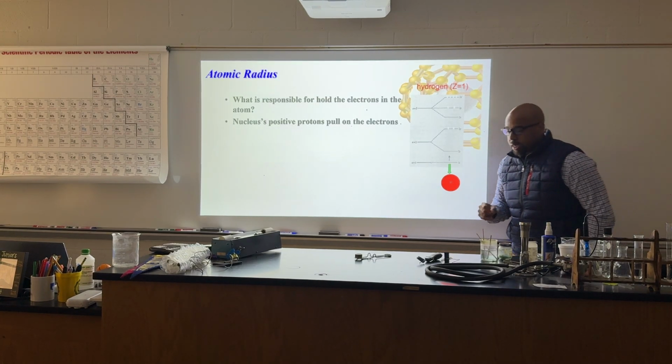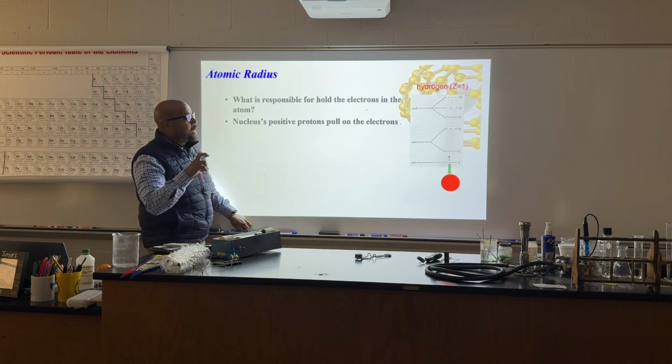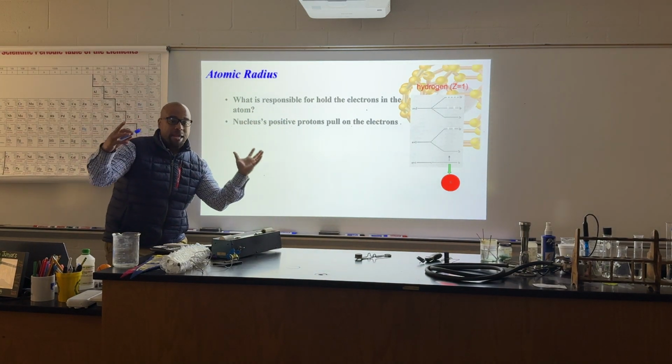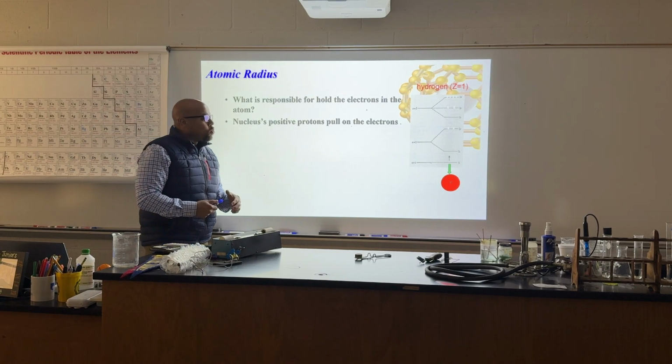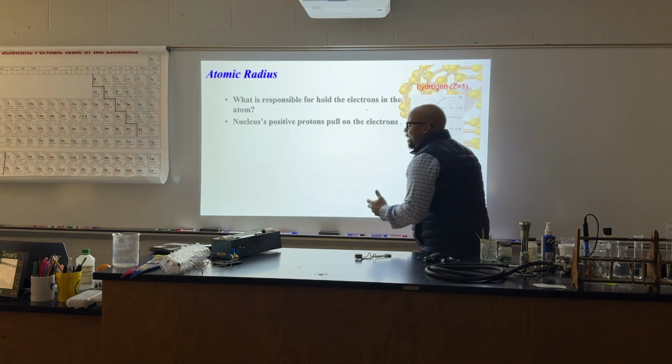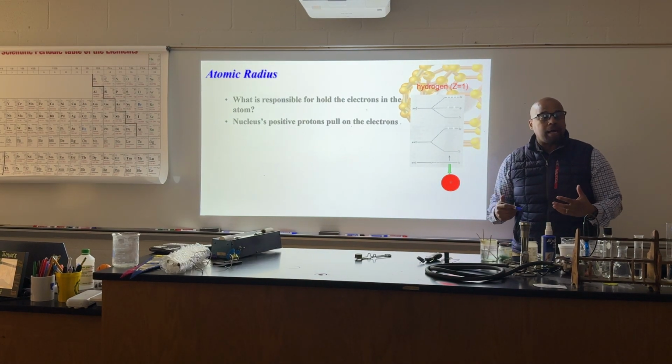All right, first of all, when it comes to the relative size of the atom, we have what is called the atomic radius, which is considered to be the radius of the atom. Generally speaking, we're looking at where that outermost electron is located, because that dictates the relative size of the atom.